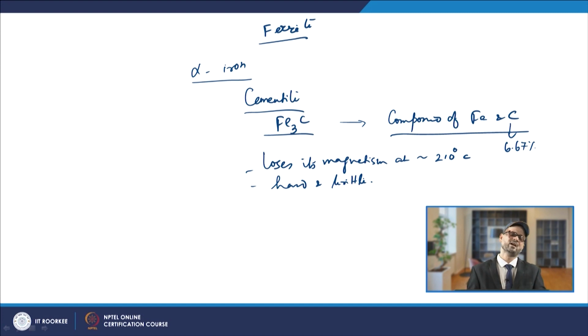There you have a lamellar structure of ferrite and cementite, which is known as pearlite. So, you have free cementite, and you have the laminated structure, which is pearlite.